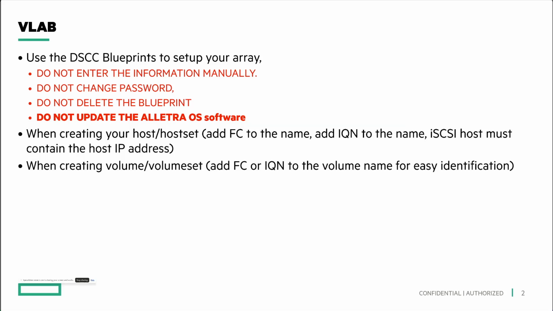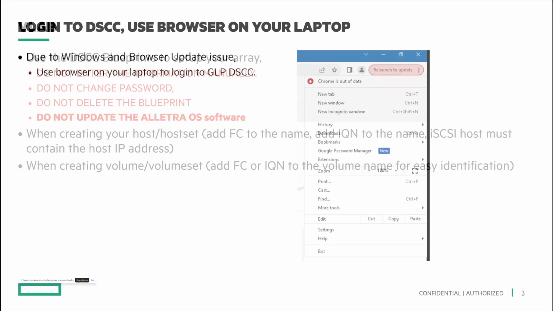So if you plan to do both Fiber Channel and iSCSI, put FC in the name for the Fiber Channel and put IQN for the iSCSI, so that you don't have duplicate names when you create all this.